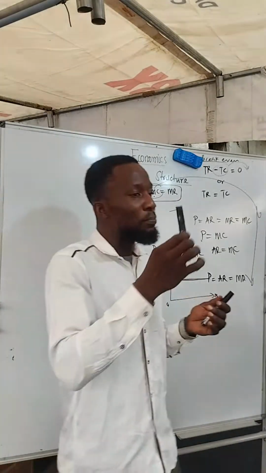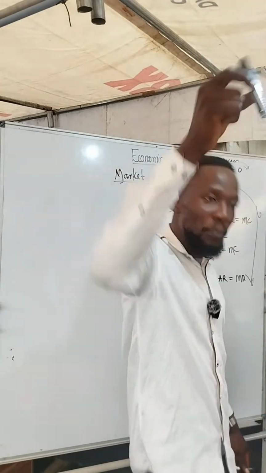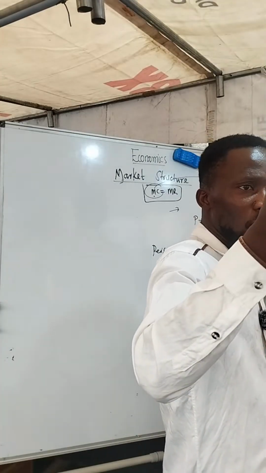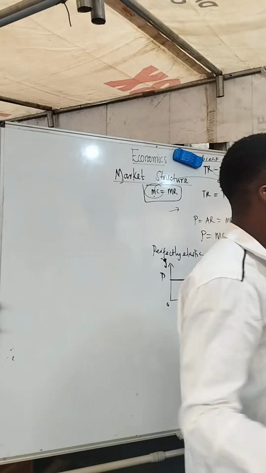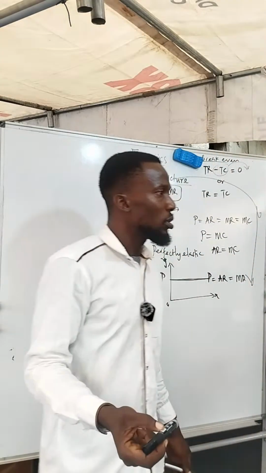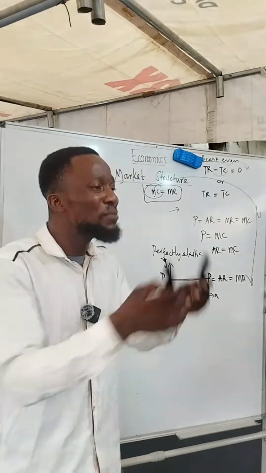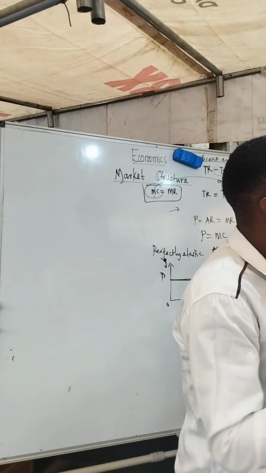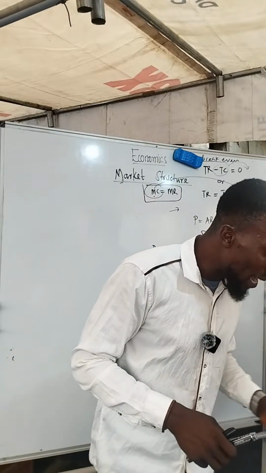But if my price now drops below 250, I'll be making loss. If my price drops below 250, what will I be making? I'll be incurring loss. So in the long run or in the short run, anytime your price is below the average cost, you'll be making loss. And that is represented by this diagram.